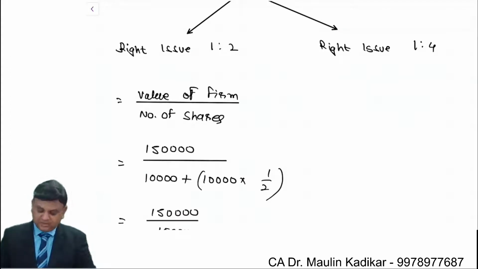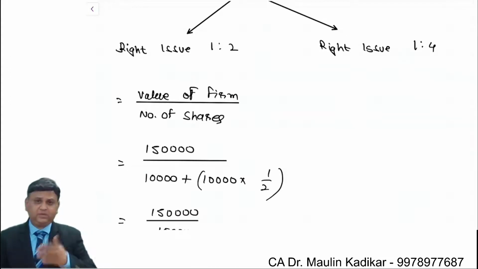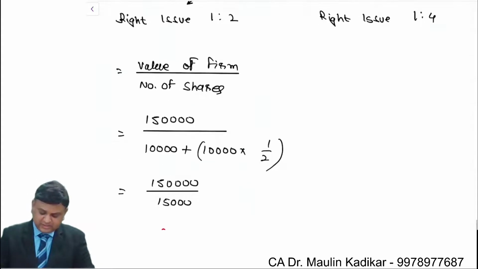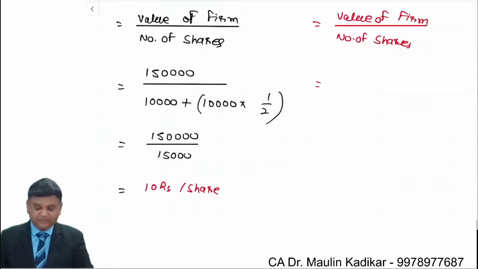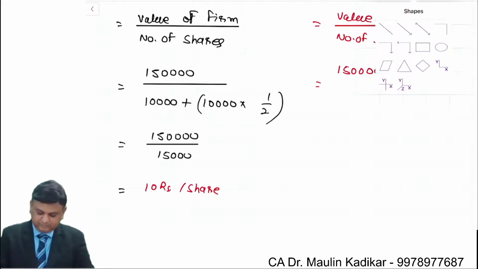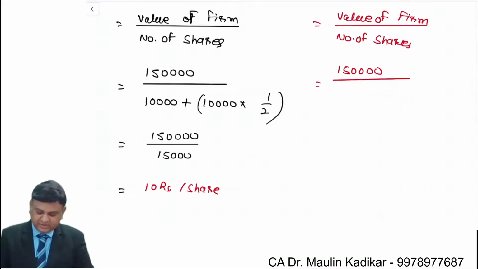In case of the right issue, 1 for every 4 shares, even in that case the formula is going to remain the same. It is value of the firm divided by number of shares. What is the value of the firm? It is an amount of 1,50,000 divided by the number of equity shares.